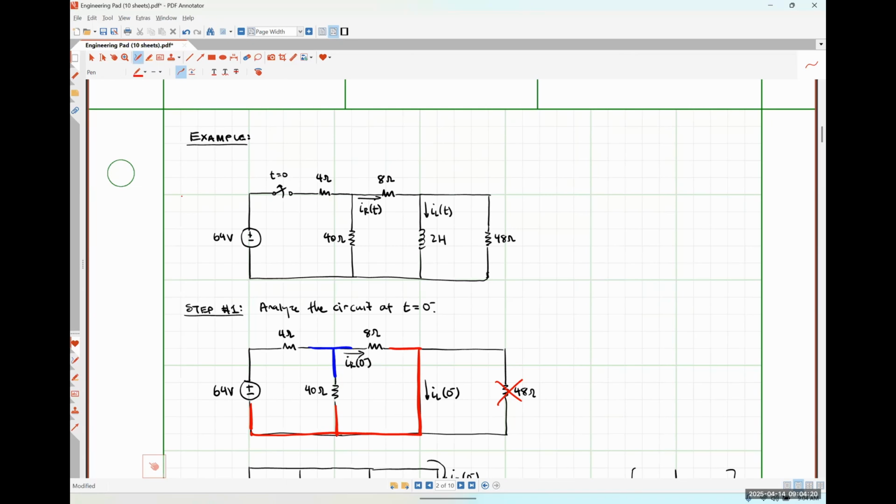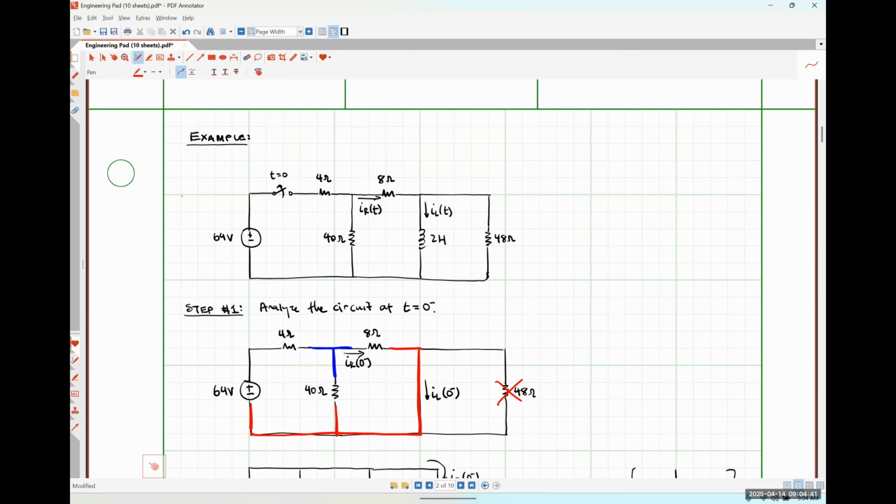If the inductor current is exponentially decaying, all of the resistor currents that aren't 0 have to be exponentially decaying as well, because it's the inductor current that's driving everything. Using Ohm's law, if our resistor currents are exponentially decaying, then the resistor voltages have to be exponentially decaying.